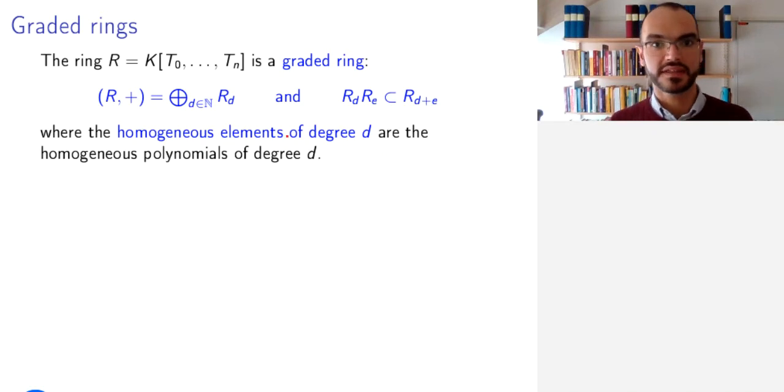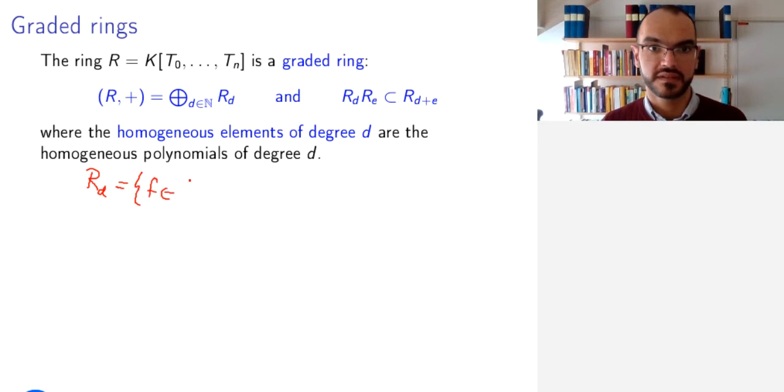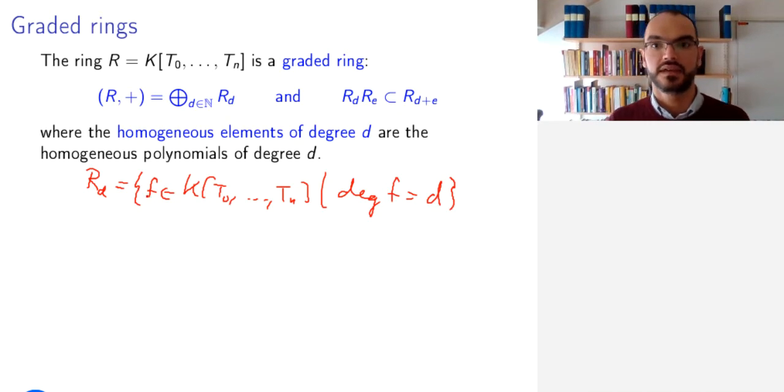And in our case, R_d is the set of polynomials in this ring such that the degree of f is equal to d. They are, so to speak, of total degree d. And all of this holds because of how the degree behaves when you multiply.